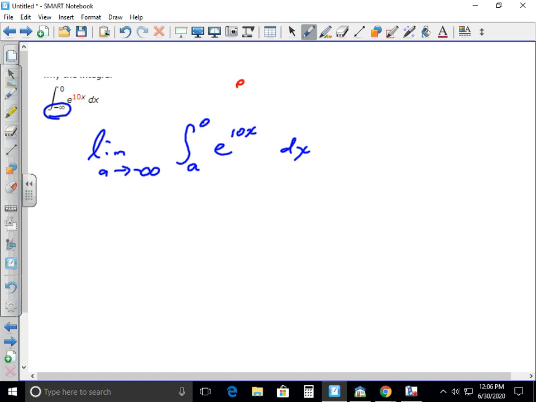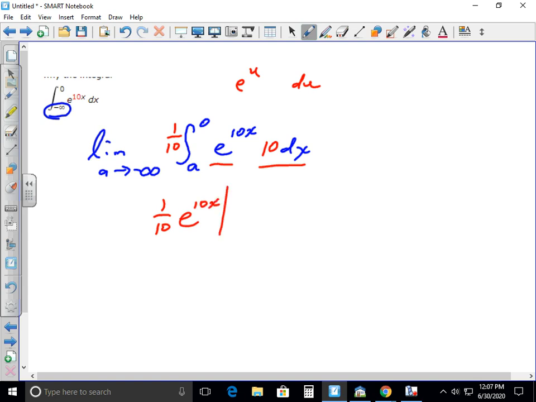So this is just e to the u du. If u is 10x, then du would be 10 dx. So 10 there, 1 over 10 there. When we integrate e to the u times du, we just get e to the u.